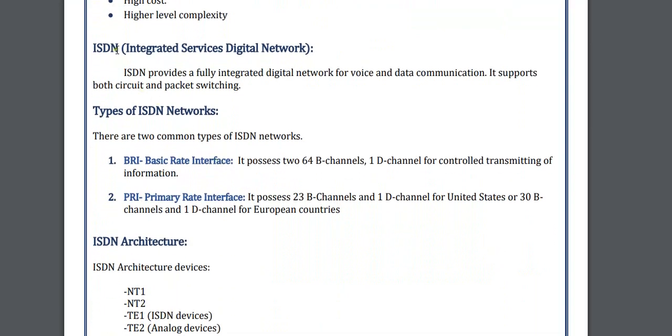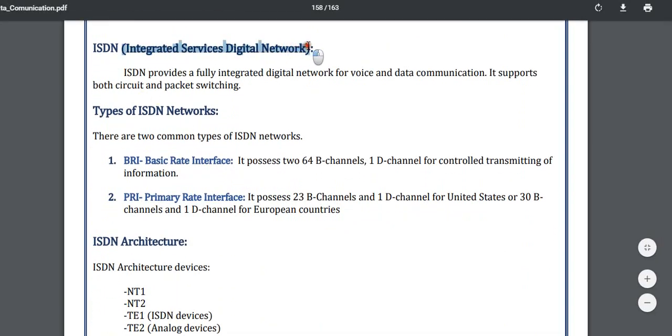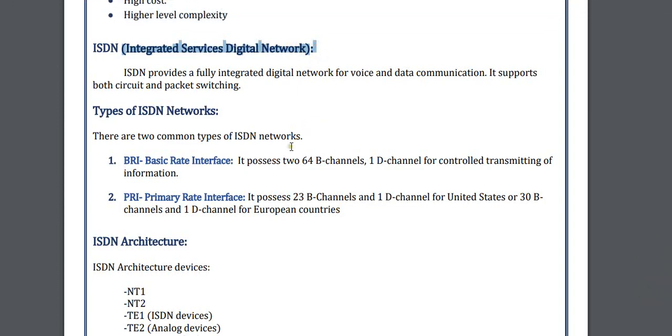Now the ISDN, which is Integrated Services Digital Network, which is for mobile communication. Here we have two types of ISDN network. One is BRI, which is Basic Rate Interface, and another one is Primary Rate Interface, which is known as PRI.